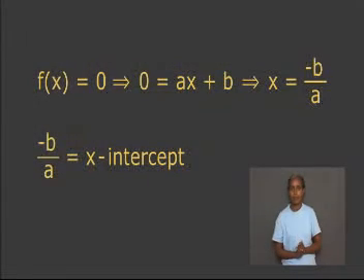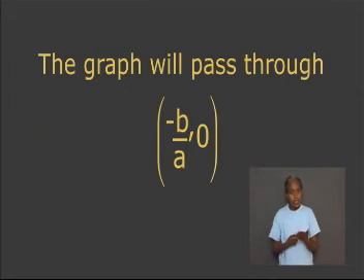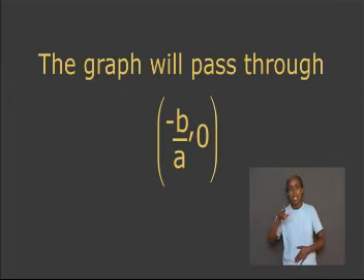How do we find the x-intercept? If f(x) equals 0, then x equals -b/a. This means that the line of a graph will pass through the ordered pair (-b/a, 0).